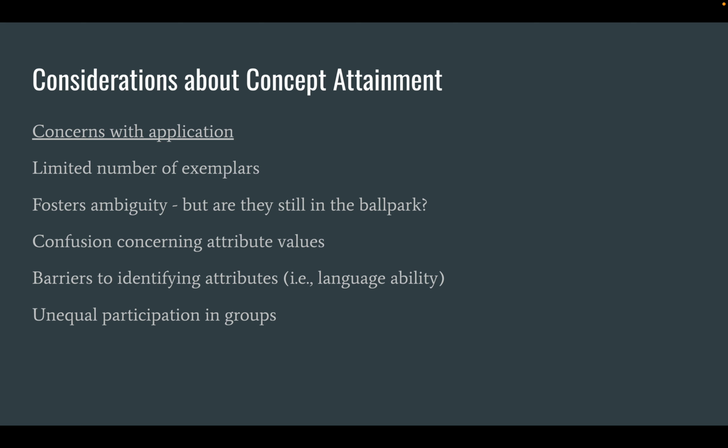And so with this model, there are only seven that are being used. So there is a possibility that the students may not identify the attribute correctly, or they may not feel as if there's enough proof for them to come to that particular concept.